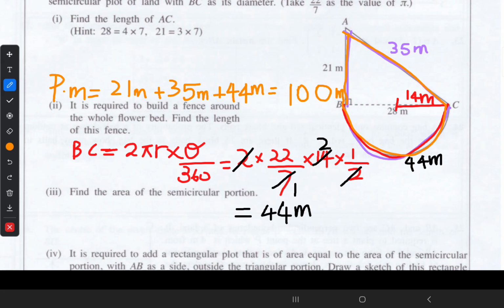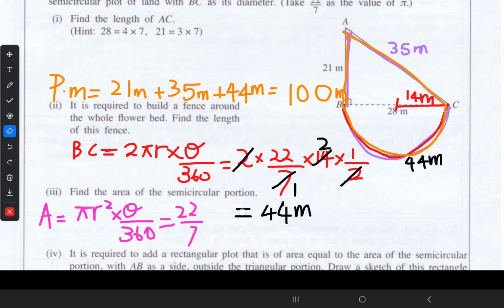Find the area of the semicircular portion. This is a semicircular portion. We will find the area. To find the area, we have to use our formula for area: pi r square multiplied with theta upon 360. Pi is 22 upon 7. Then our radius, we found the radius as 14 meters. So 14 into 14, 14 square.